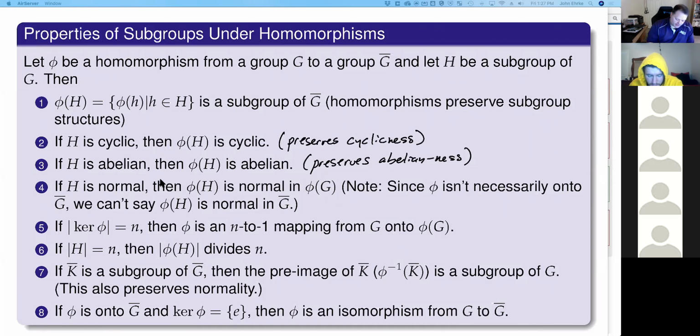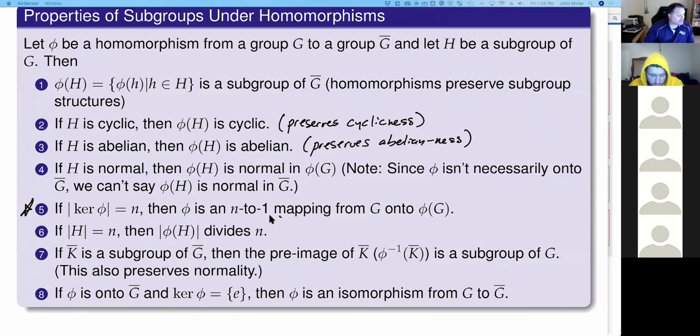And here's probably the most important one on the list, number 5. If your kernel has n elements that get sent to the identity, then the kernel will have order n, and it creates an n-to-1 mapping from G onto the image of G. So you actually do get an n-to-1 mapping, which means in particular, if n is 1, if your kernel only has one element, this creates what kind of mapping?